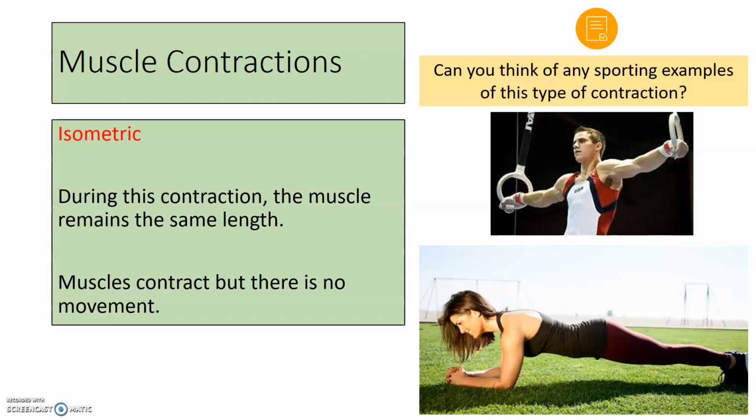Other things you could have talked about is tug of war, for example. If there's an equal pull on both ends and there's no movement, that is an example of isometric, as well as obviously a rugby scrum. If the same amount of force is being applied and there's no movement either way, then obviously that would be isometric as well.